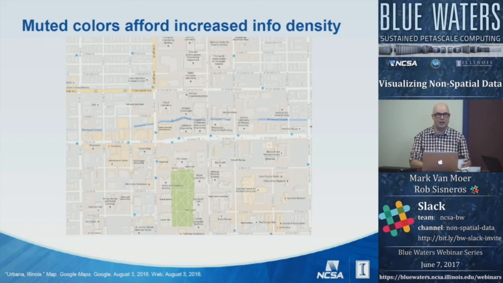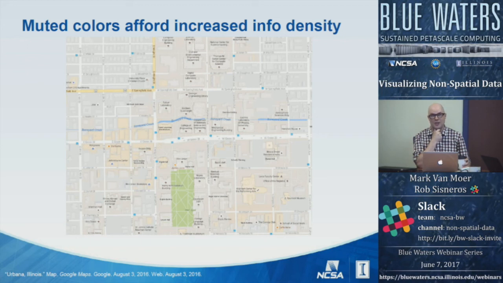And the lesson for that, going back to the piece of advice before the Color Brewer link, is that muted colors can afford increased info density. This is actually an example I saw Edward Tufte talk about a couple of years ago here on campus, and I thought it was great: Google Maps. Think about how toned down the colors are in Google Maps, and yet how much information is there.